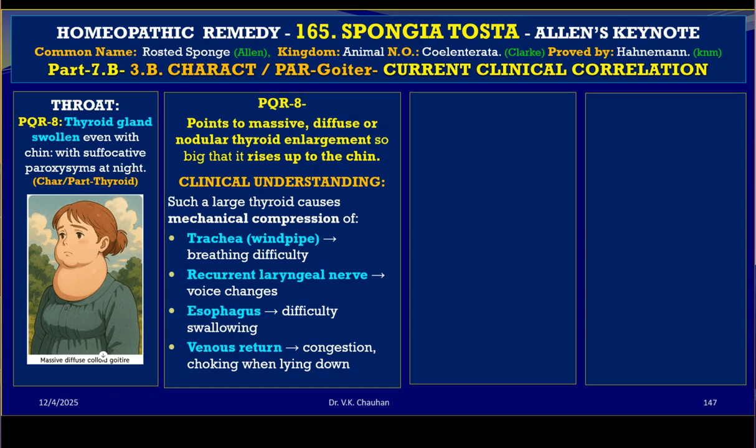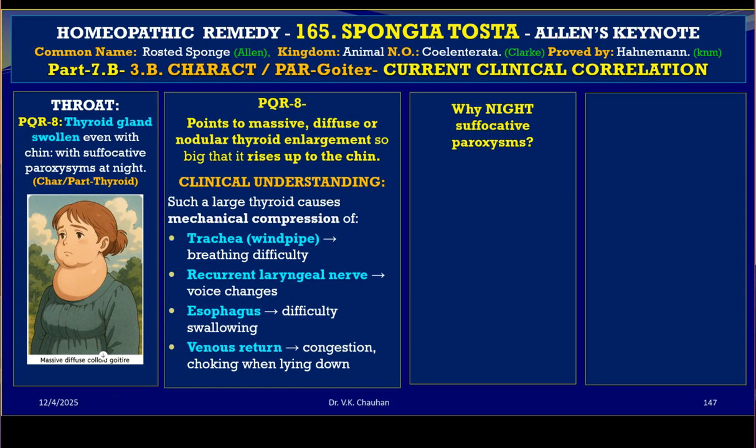The center of gravity is no more upright. When you are standing, the venous return is aided by your gravitational force, but that advantage goes away when you lie down. So the patient has aggravation while lying down.